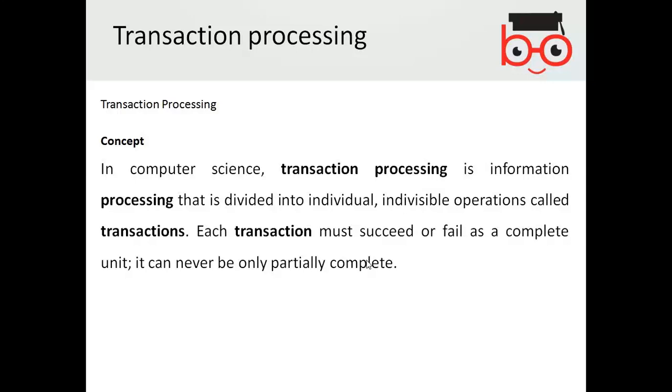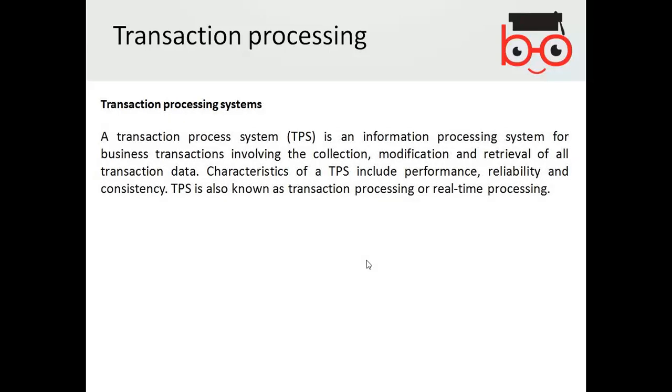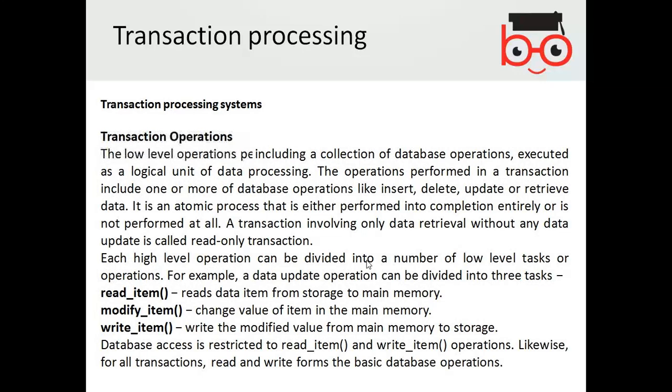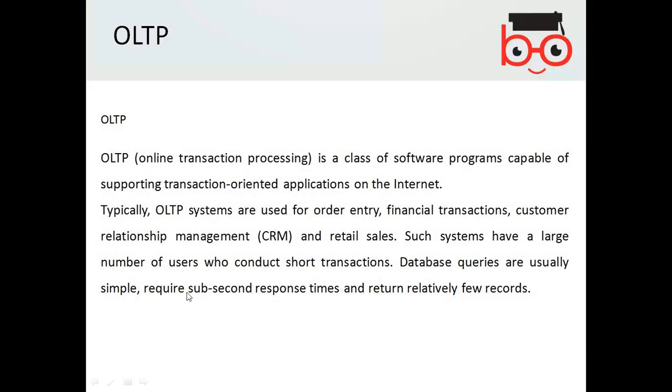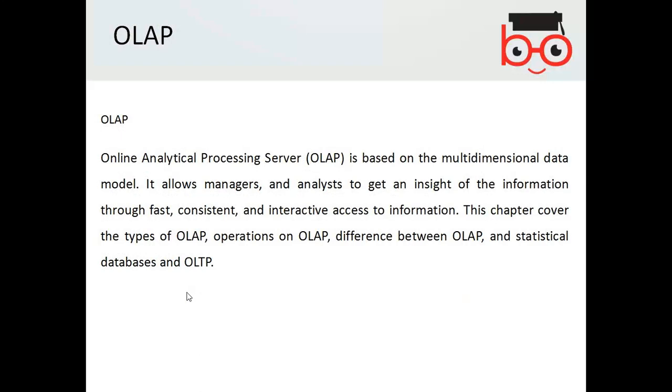A transaction is not necessarily one involving money; it could be a document delivery. So transaction processing involves certain stages, methods, and states. OLTP, online transaction processing systems, have a particular model, and they have a service to do online transactions for the managers.